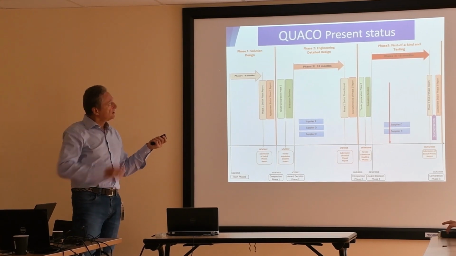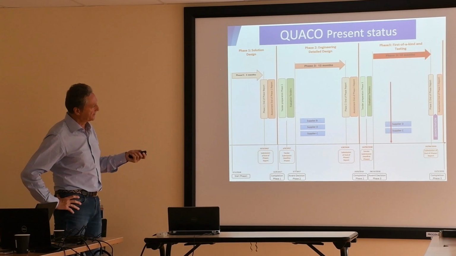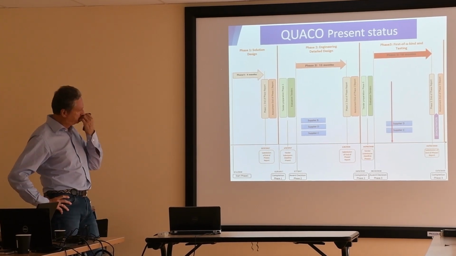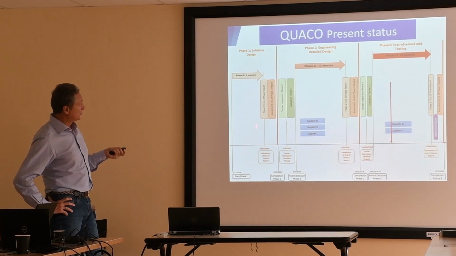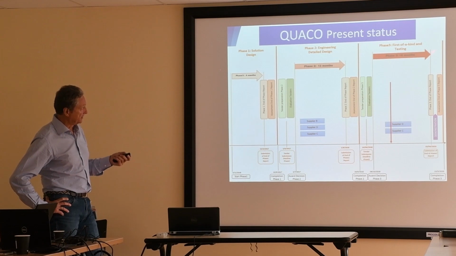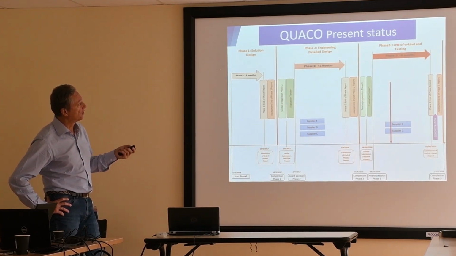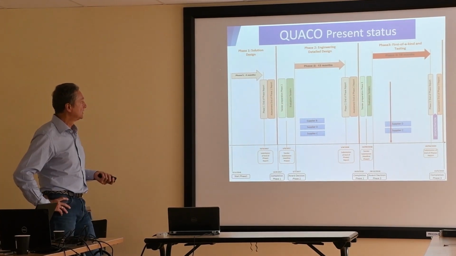So if we look, now we are here. We are in phase 3. We are going to finish the project next year. We passed through phase 1, phase 2, and now we are in the phase of realization of the first of a kind.